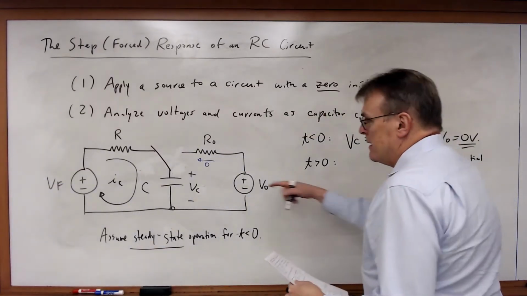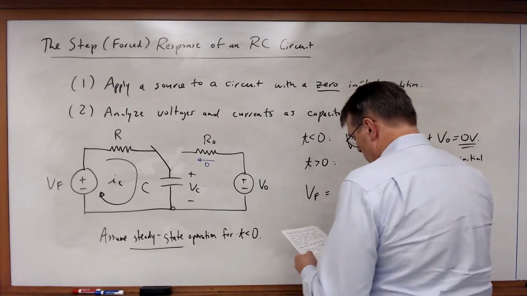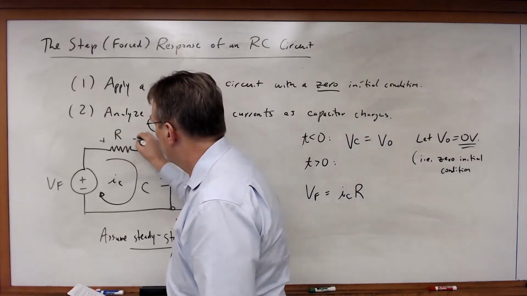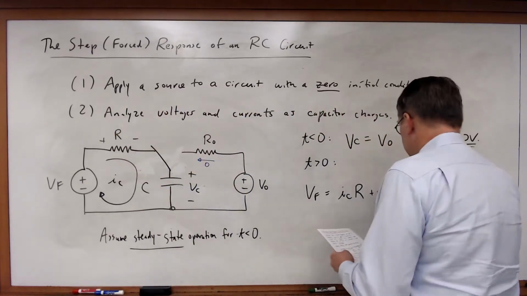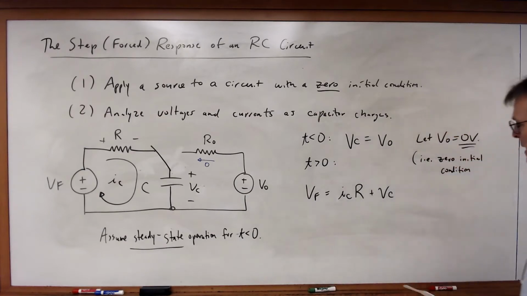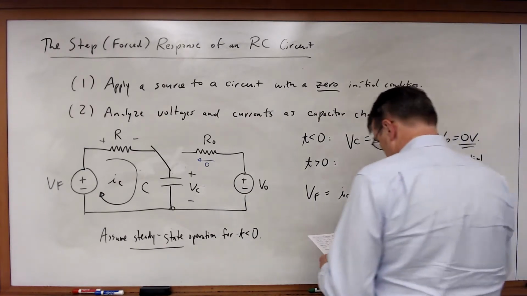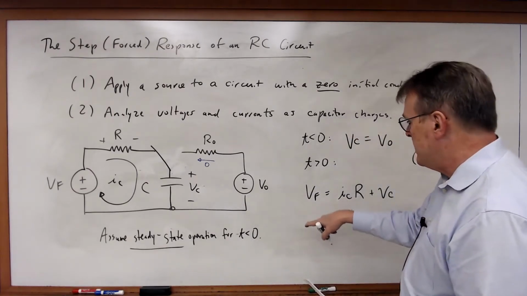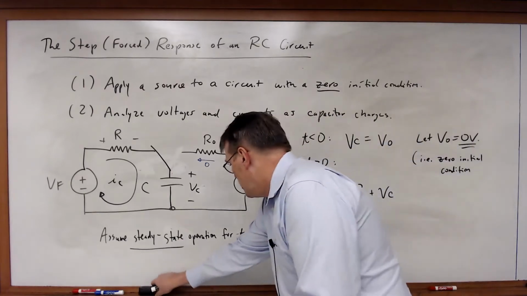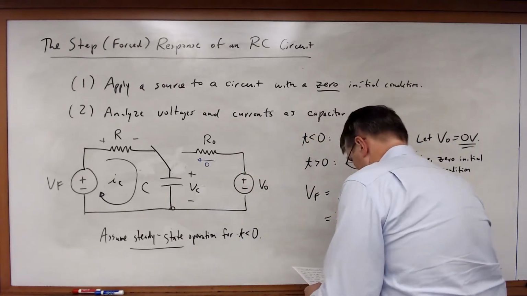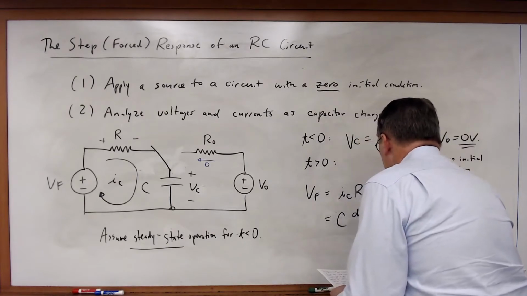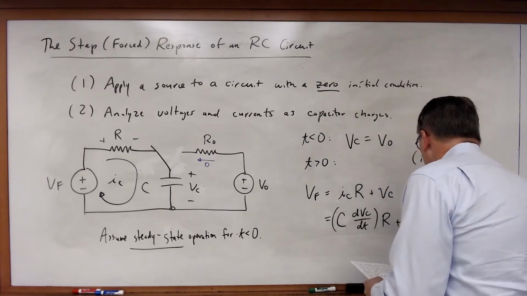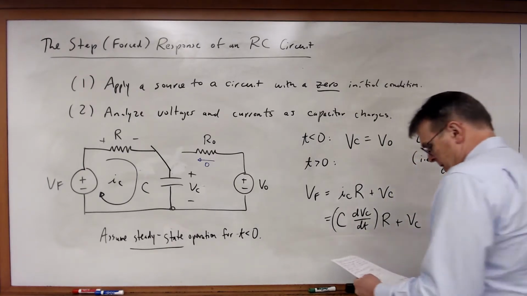And so I can write an equation. Vf is equal to IC times R, so it's this voltage plus Vc. And this will therefore be equal to, since I is equal to C dVc dt, C dVc dt times R plus Vc.